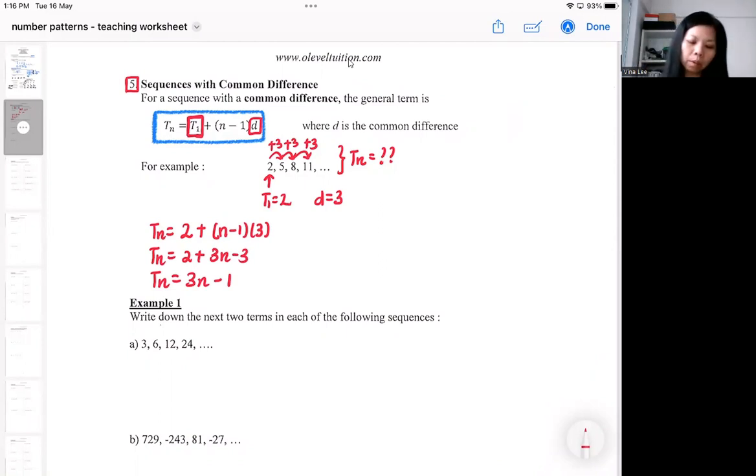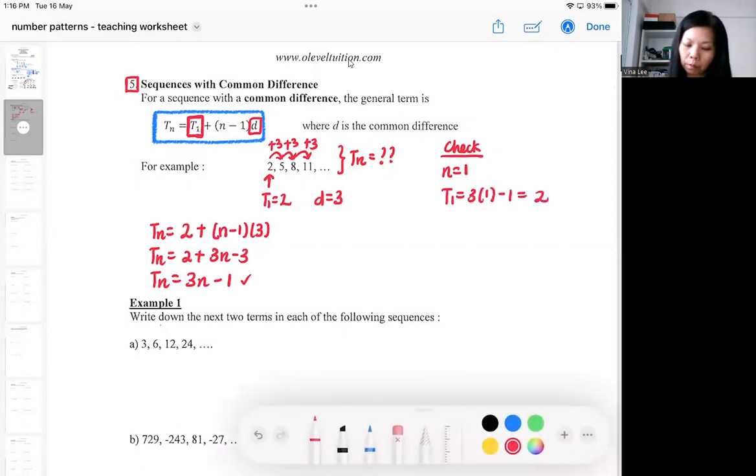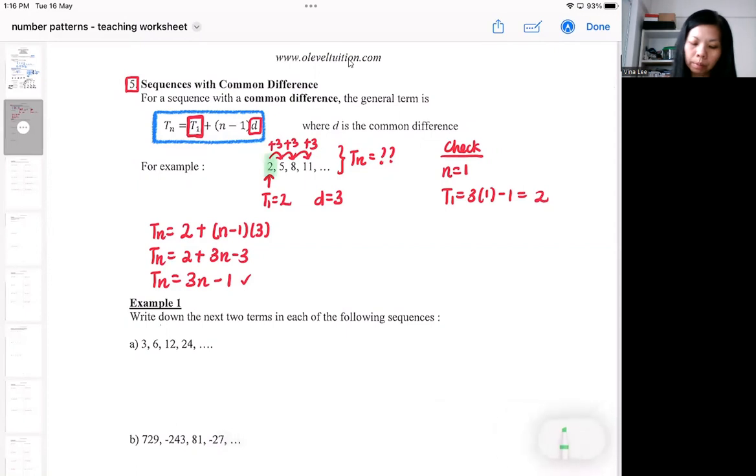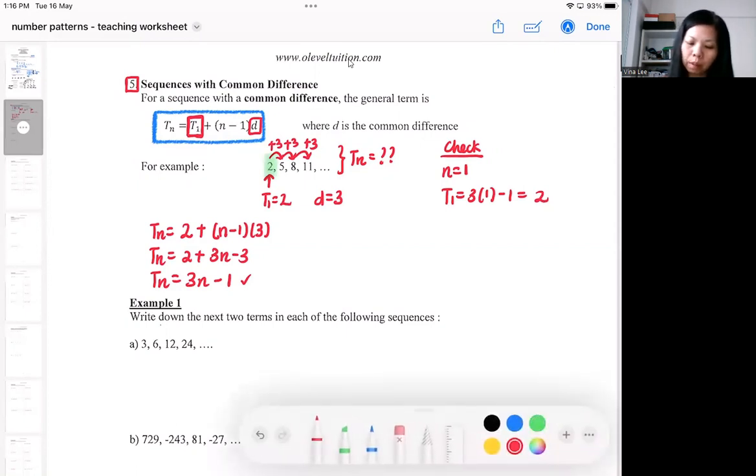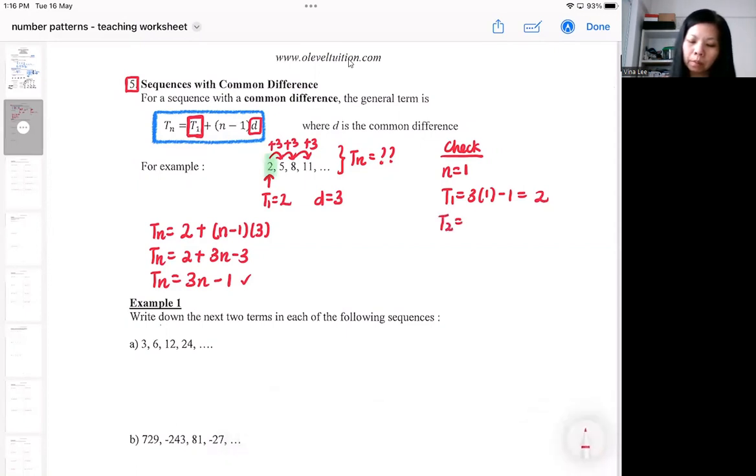So how do I know that this general formula is correct? I'm going to check by putting in n equal to 1. I will get a 2, which is the same thing here, 2. Then I try putting in T2, the second number.